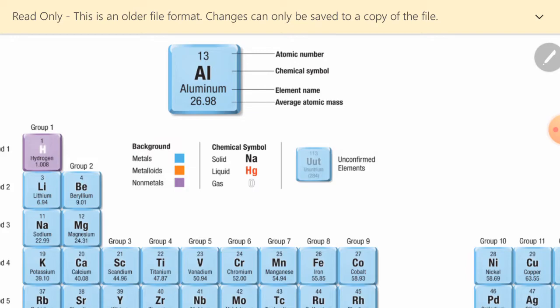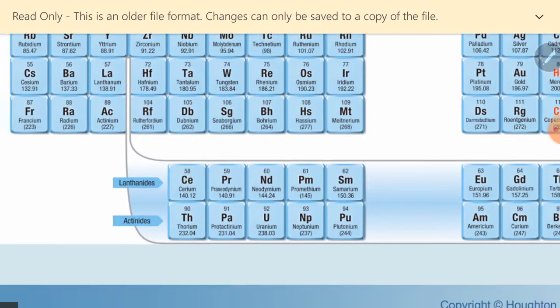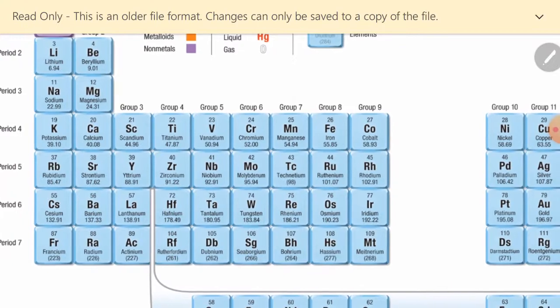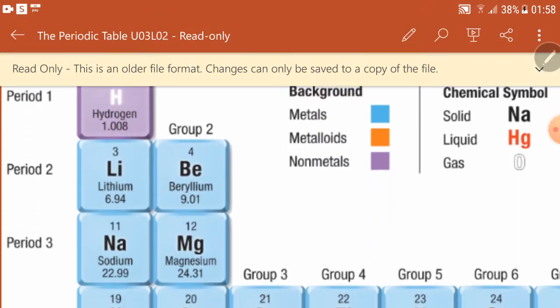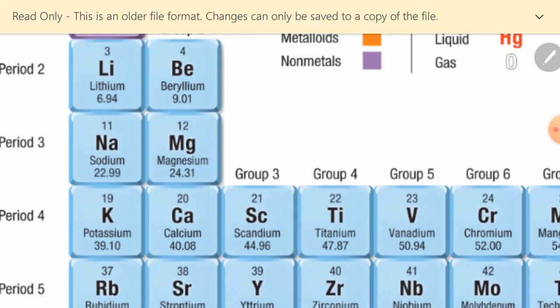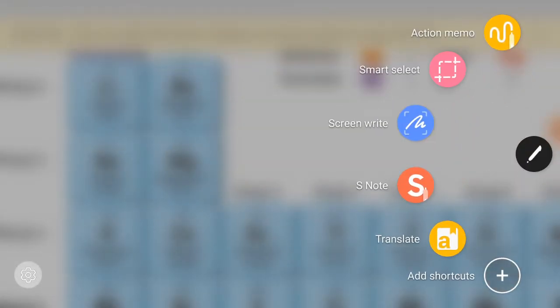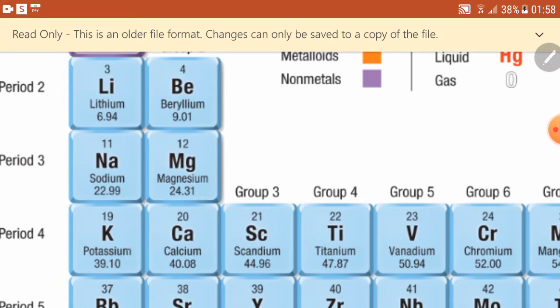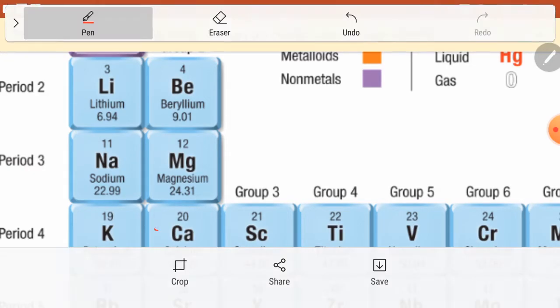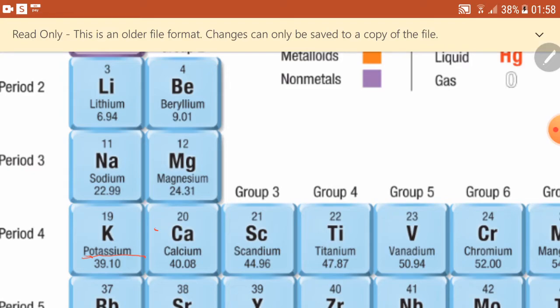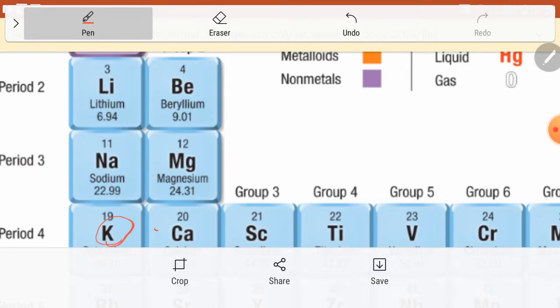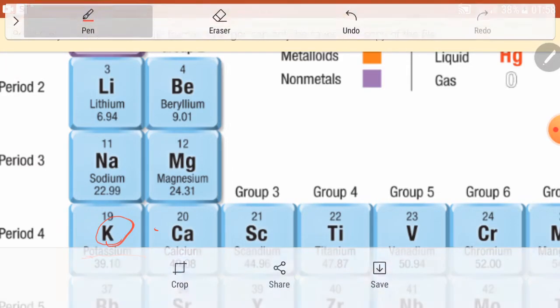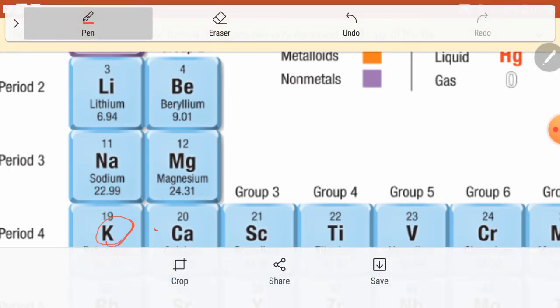Some are not, like here, for example, potassium, K. You see that potassium is in P, but the symbol is K. Why? Because they take it from the Latin name, not from the English name. Okay, that's it.